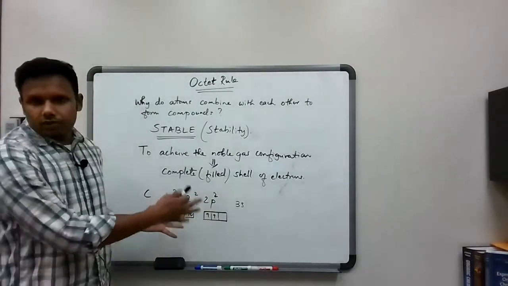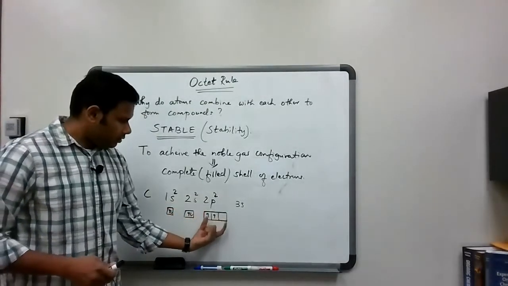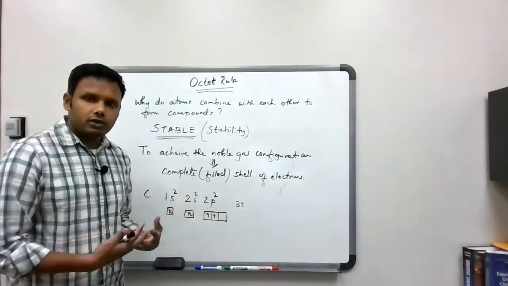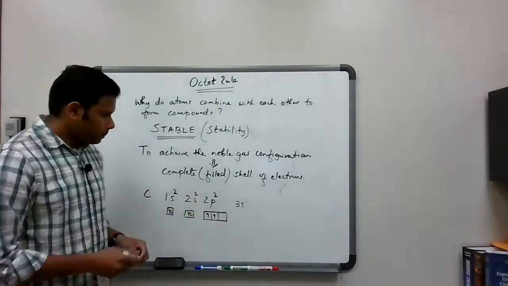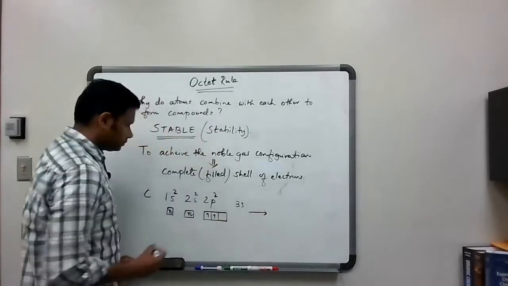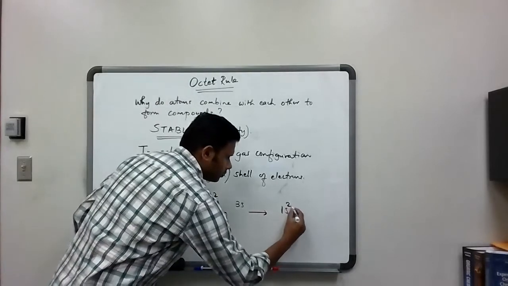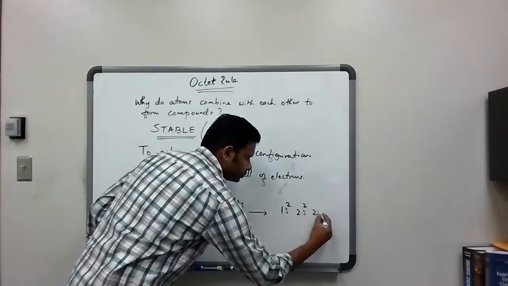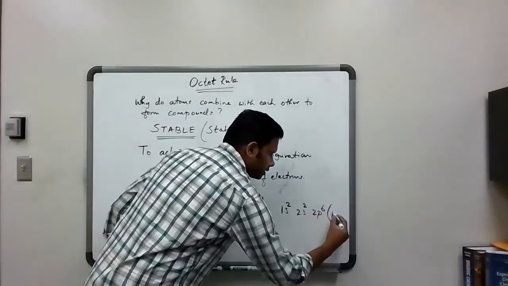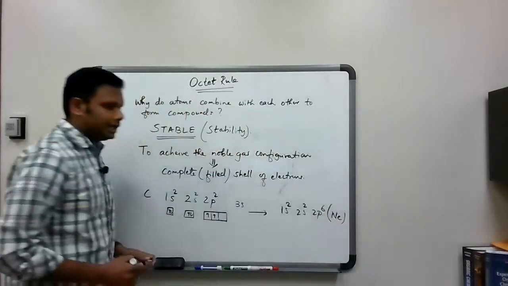So just looking at it in a very crude manner, this carbon should be able to accommodate 4 more electrons for it to be stable. Okay. And by doing that, 1s2, 2s2, 2p6, this would be the electronic configuration of neon.